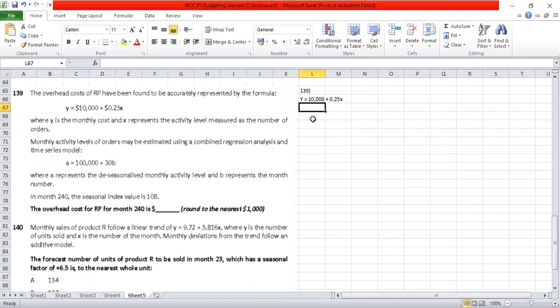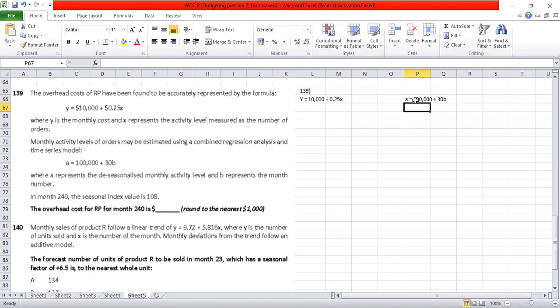After that, one more equation is given. We have A is equal to 100,000 plus 30b. And what is this A?